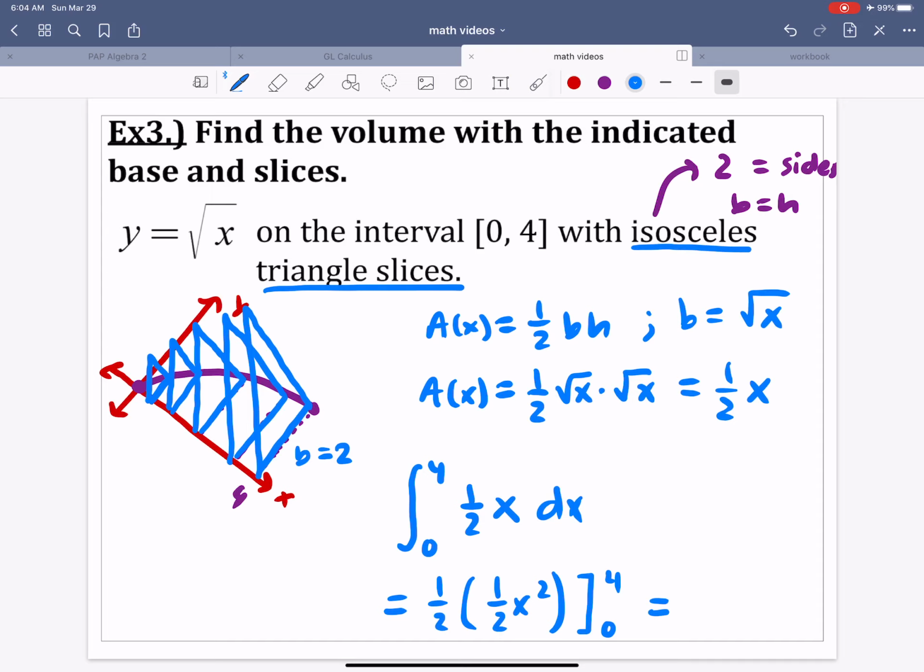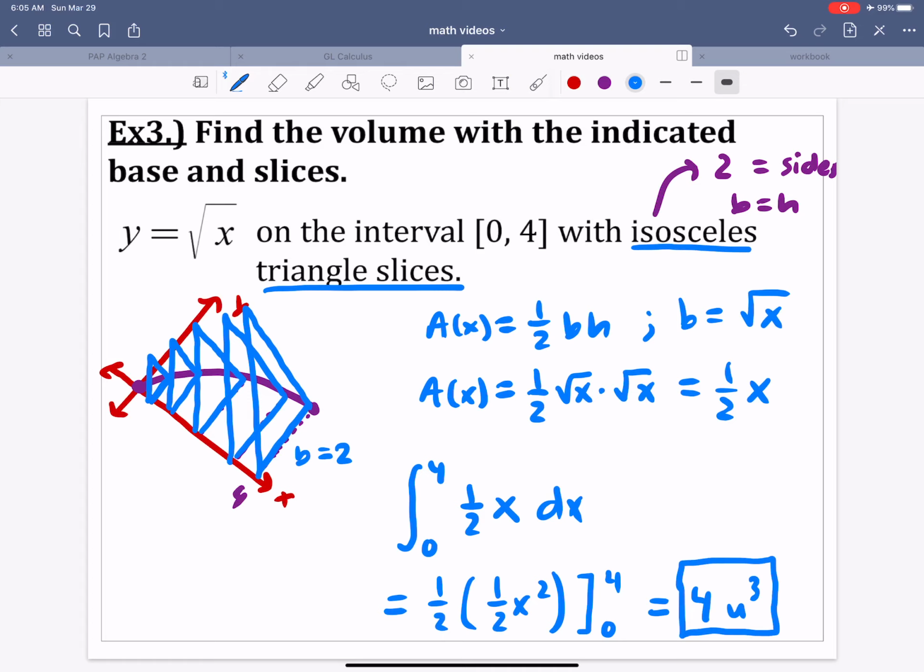Now we just plug and chug, so we take that upper bound and plug it in. 4 squared is 16. 16 times 1/2 is 8. 8 times 1/2 is 4. So we get 4 units cubed. We don't have to subtract the lower bound because when I plug in 0 for x, I get 0. So 4 minus 0 is just 4.